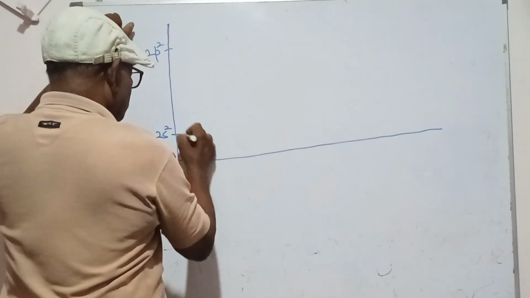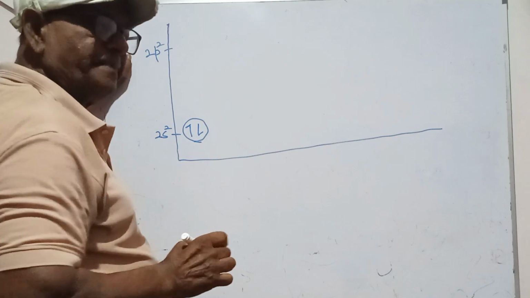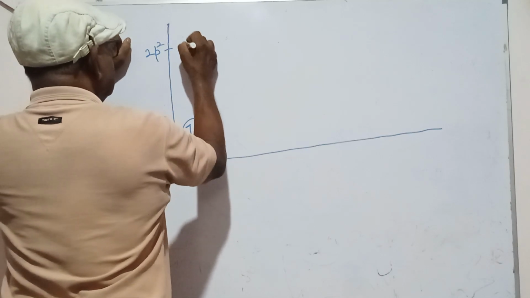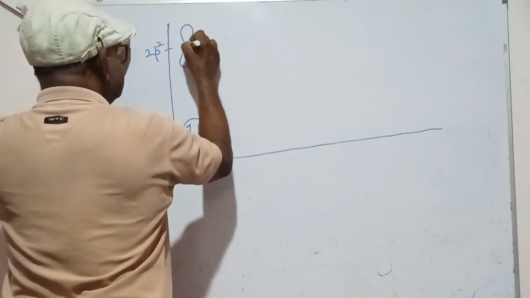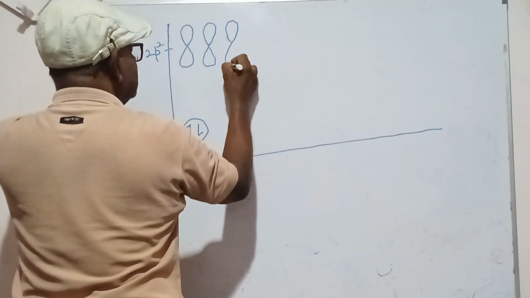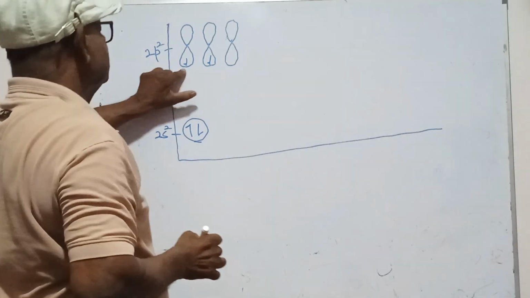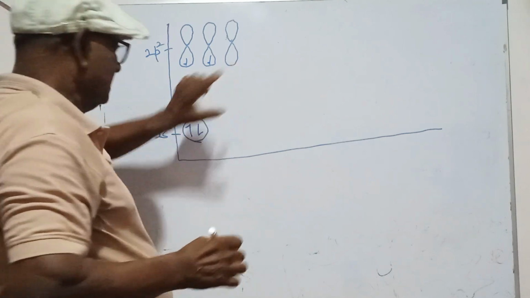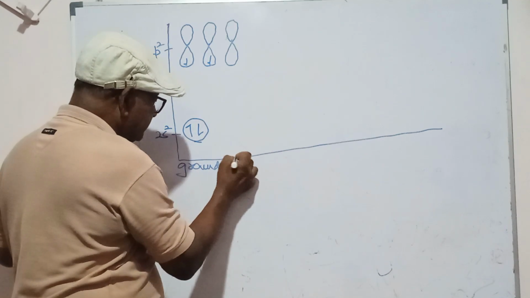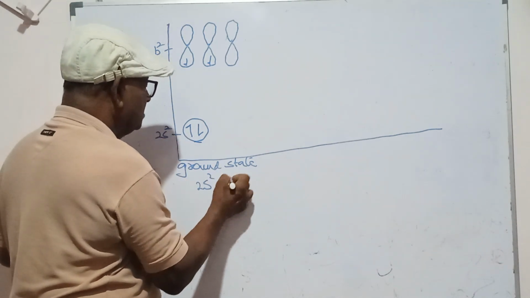So 2s2, two electrons in the spherical orbital. At the higher energy level, there are three dumbbell shaped orbitals. One here, another one here. Two electrons, one orbital is empty. This is the ground state configuration, 2s2, 2p2.